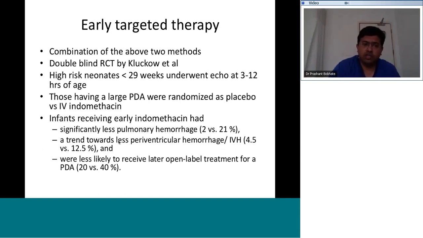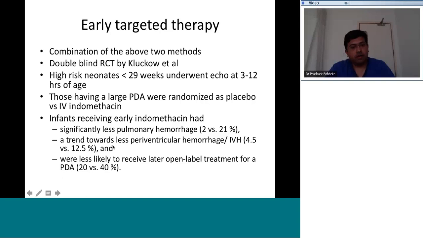They had approximately 90 patients in this trial, and the trial was stopped at 90 patients as indomethacin was not available anymore in the market. Infants receiving early indomethacin had significantly less pulmonary hemorrhage, 2% versus 21%. They had a trend towards less periventricular or intraventricular hemorrhage, 4.5 versus 12.5%, and were less likely to receive later open label treatment of PDA, 20% versus 40%.